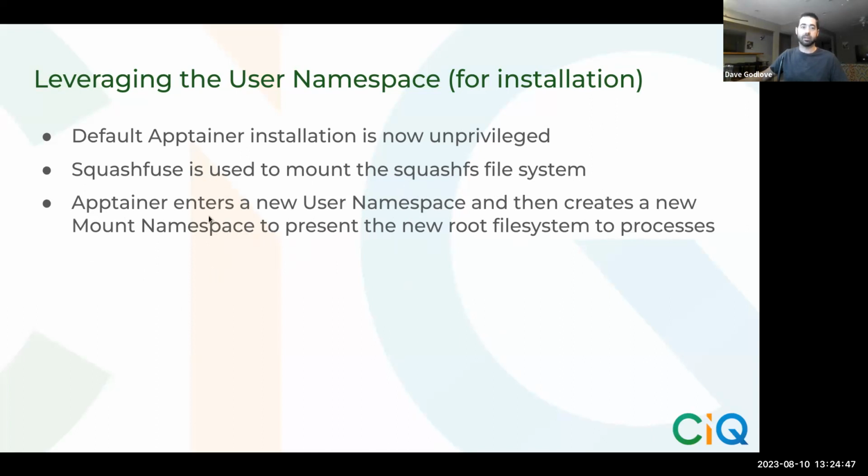So it will leverage the user namespace and other tools that exist on the system, rather than trying to leverage a setUID bit workflow and escalate privileges in that way.